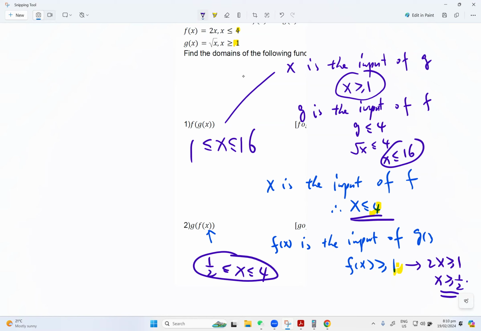Oh, this is not a normal question. If you aim for 90% plus, you need to understand. If you aim for 80% plus, it's fine.